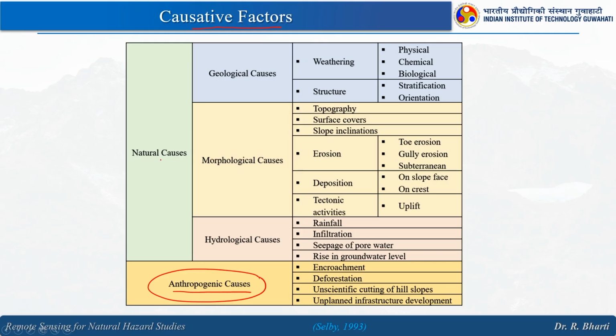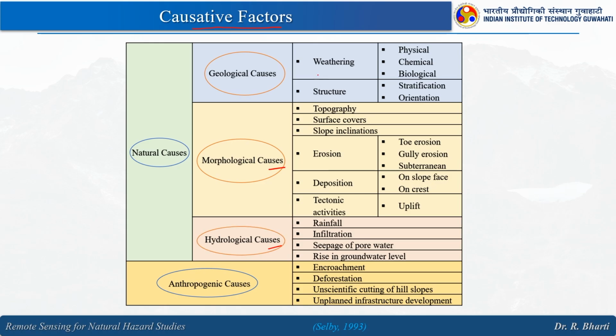So these natural causes are divided into three categories, the geological, right, and then morphological and hydrological. You can see here that geological causes have the weathering, structure related factors, then physical, chemical, biological weathering comes under this.